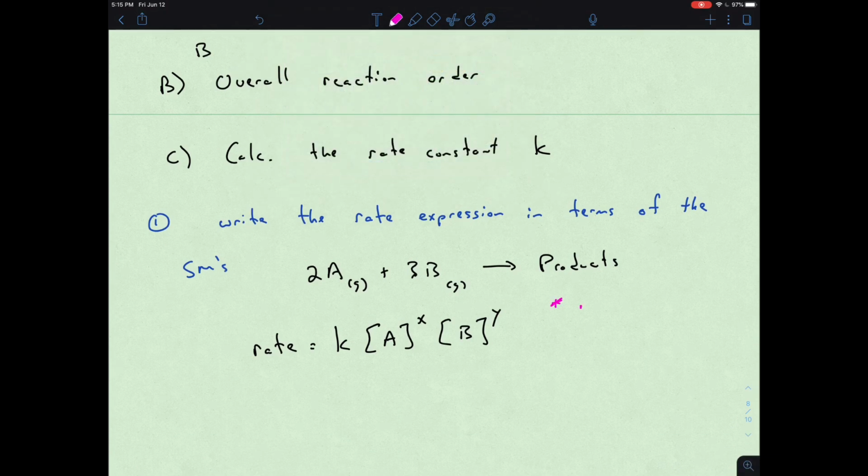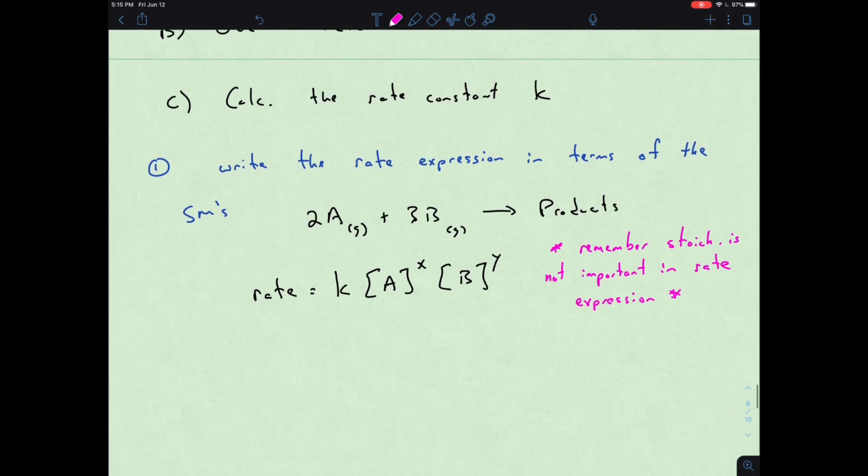And again, remember, stoichiometry is not important in these rate expressions. It was important for general rates of reaction like we talked about earlier, but not in these rate expressions.